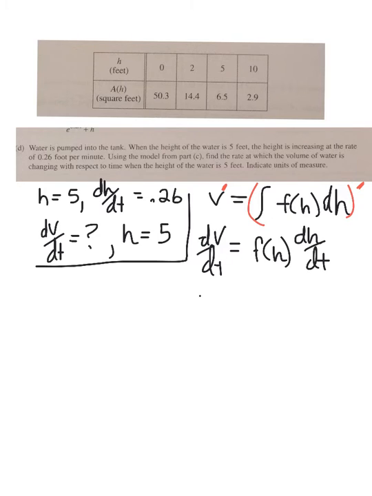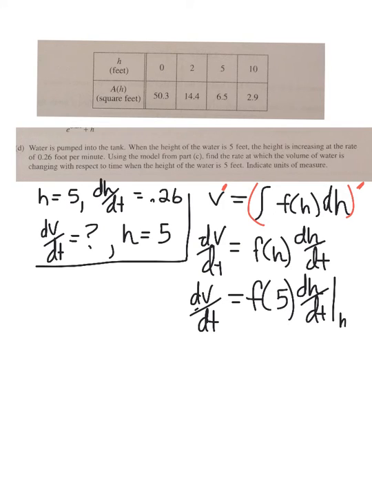Okay, all right, so here, let's just keep going and see if this makes sense. So then I'm looking for dv/dt, right? So this is going to be f of 5, right? And then I also want dh dt. And I'm just going to write it like this, at time 5.